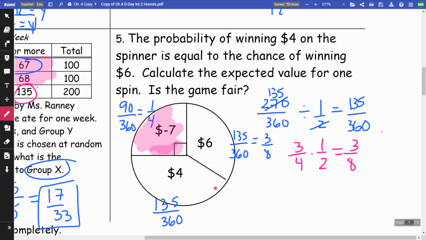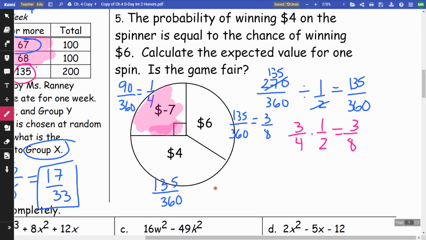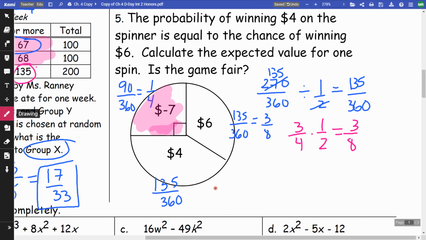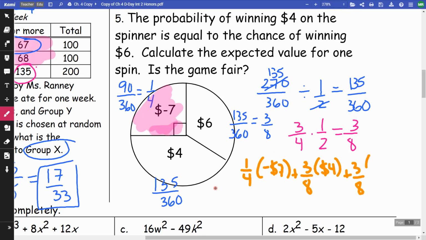Now, to figure out expected value, you take the probability of that amount and times it by the amount you're going to win. So I am going to take 1/4 times a -$7 plus, I'm just going to keep it in the reduced form, 3/8 times $4 plus 3/8 times $6.